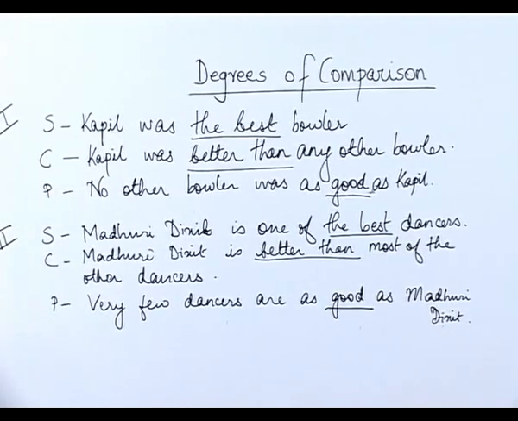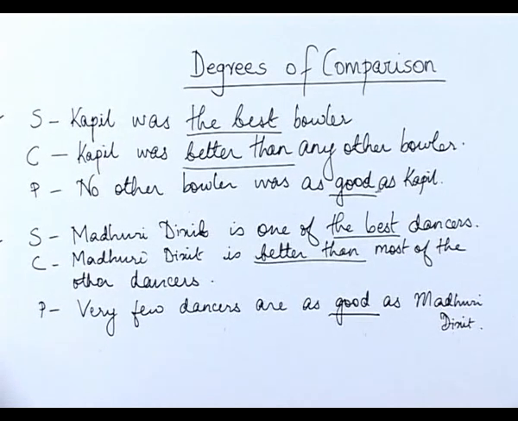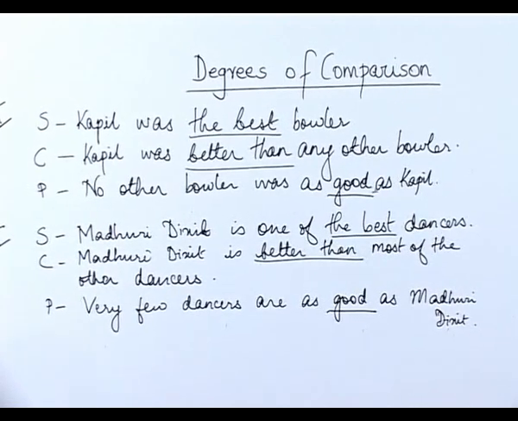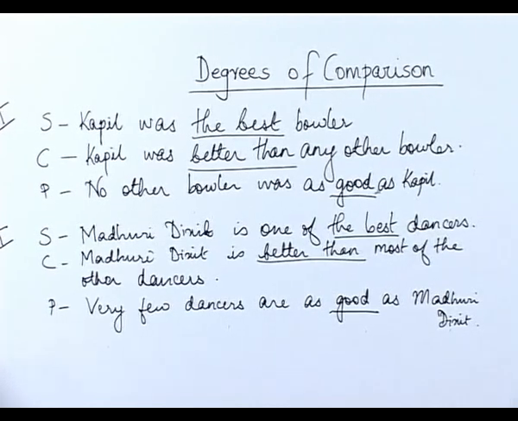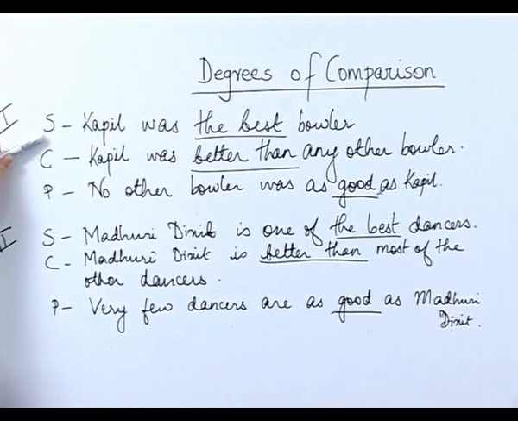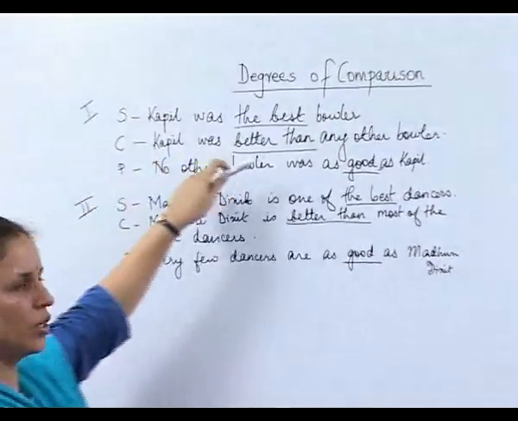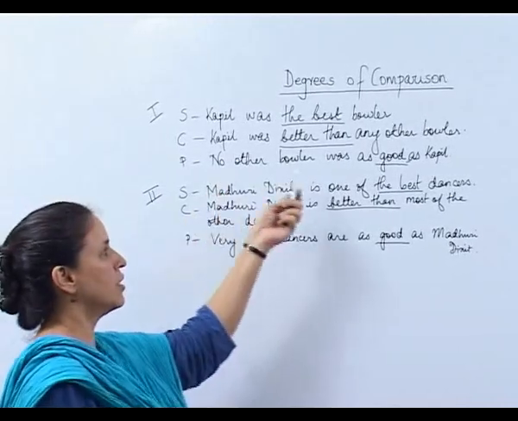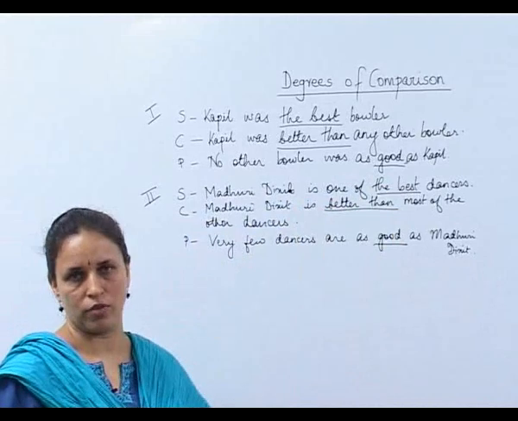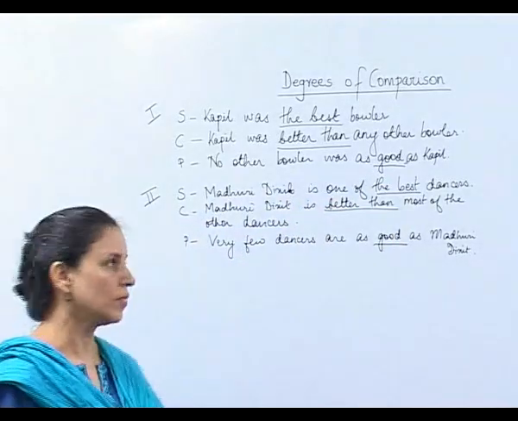In the first one, there is only one who is the greatest or the sweetest or the tallest. For example, in Mulund, Tridev building is the tallest building. So if I do it according to this pattern, Tridev is taller than any other building and no other building is as tall as Tridev, that is in Mulund.